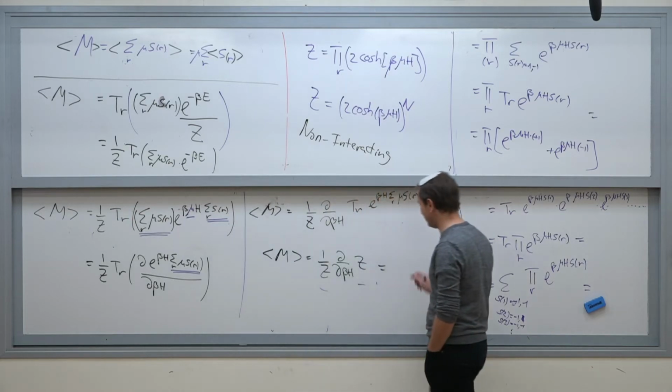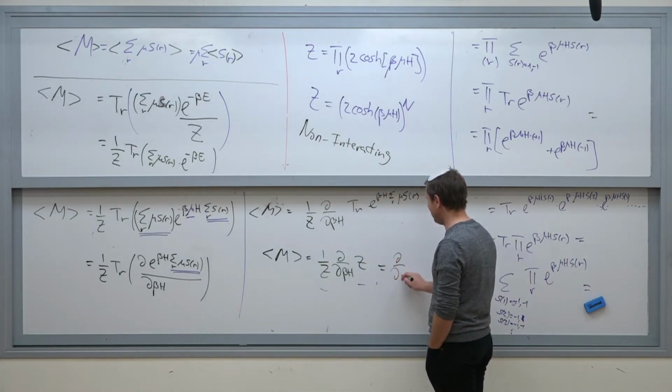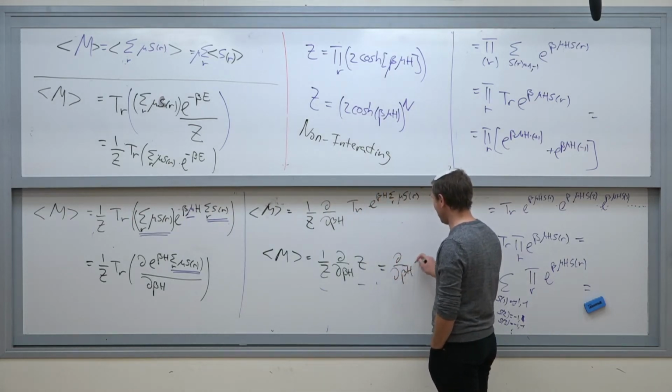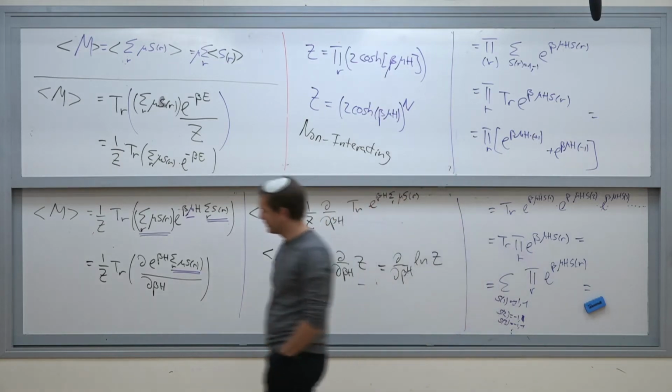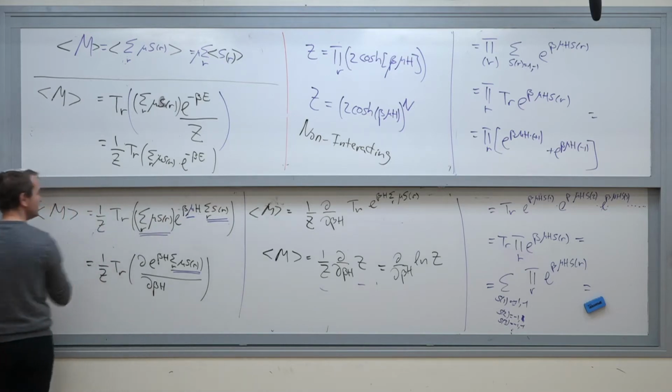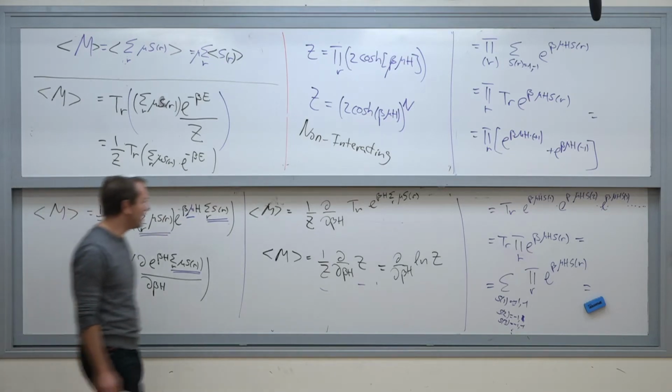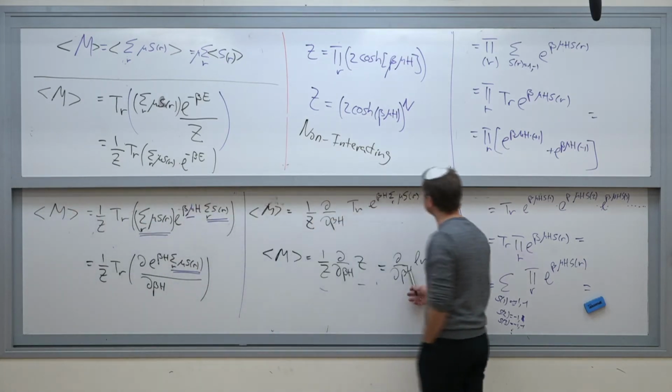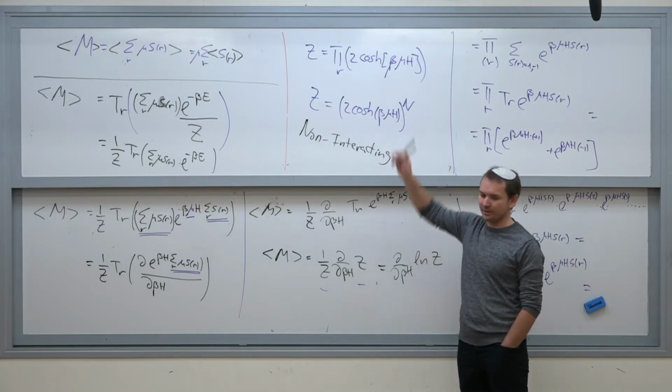This is simply d by d beta h of the log of Z. So in order to compute the magnetization, we need to take the derivative with respect to beta h of this over here.